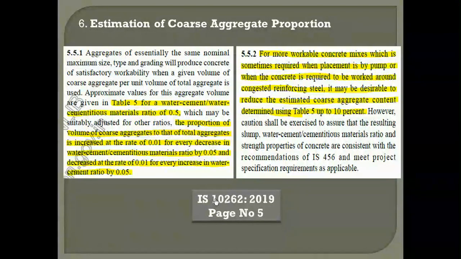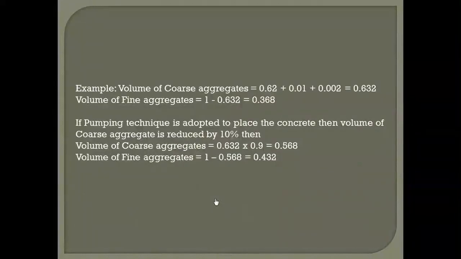So if you are using workable concrete placed by pumping, or you find congestion in the reinforcement steel where the aggregate will not fall into the formwork, you have to reduce the coarse aggregate volume by 10%. I have done that also in the second example: if the pumping technique is adopted to place the concrete, the volume of coarse aggregate is reduced by 10%.